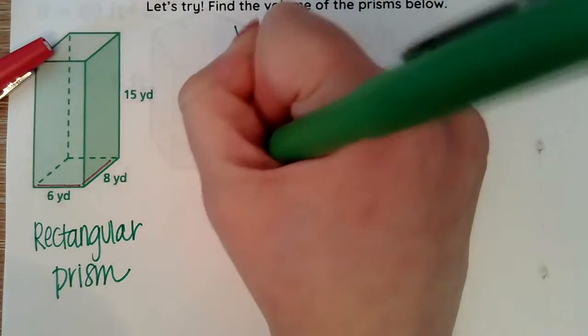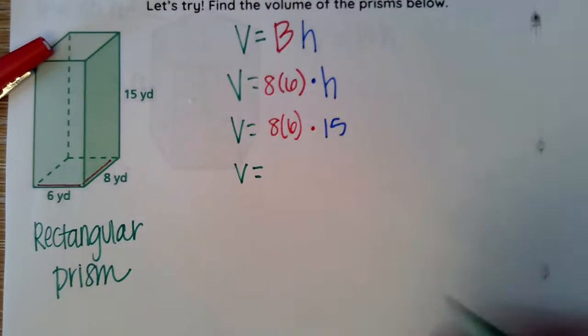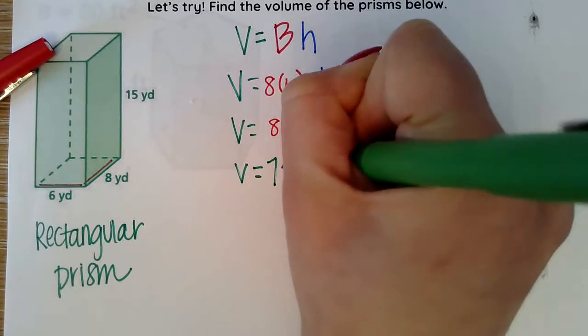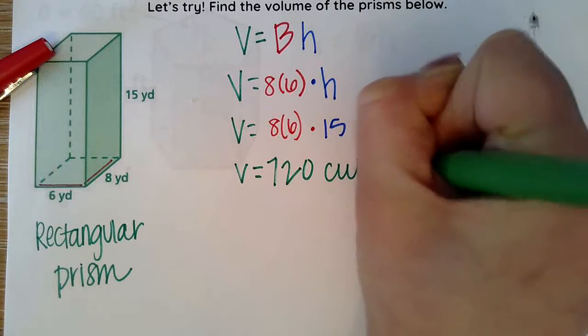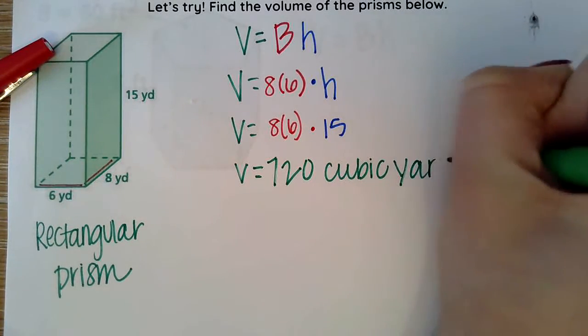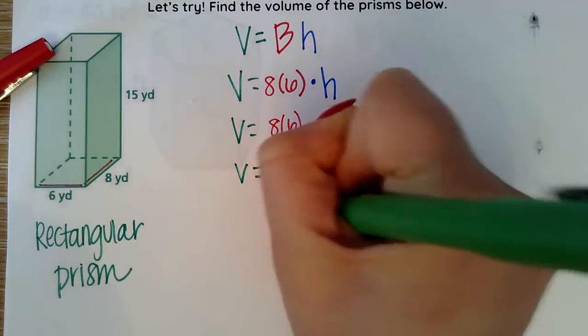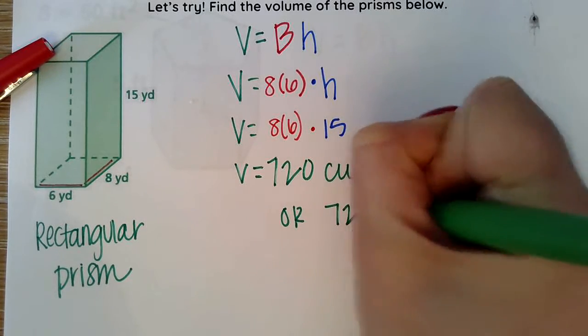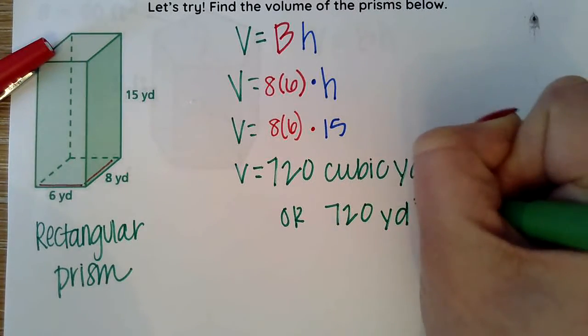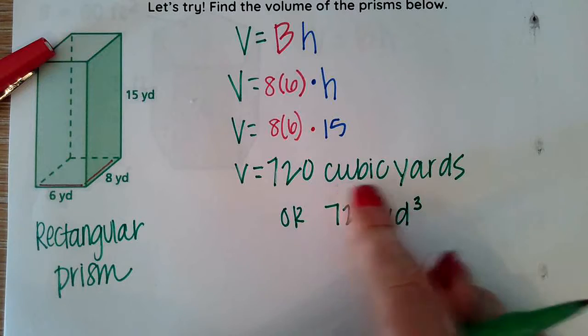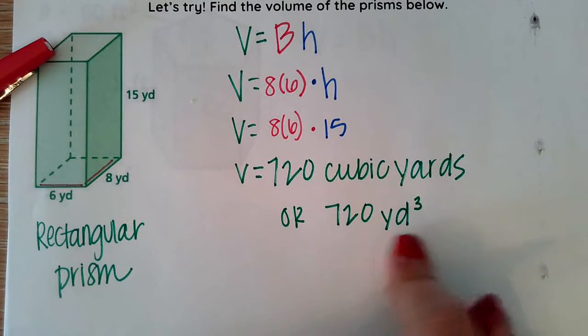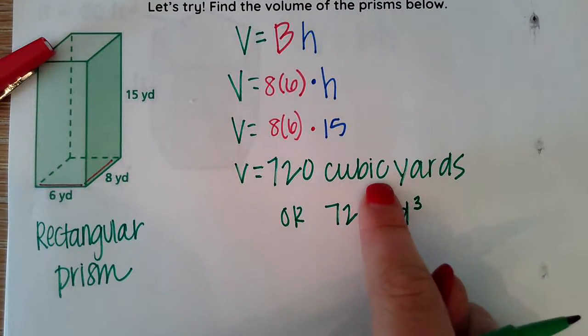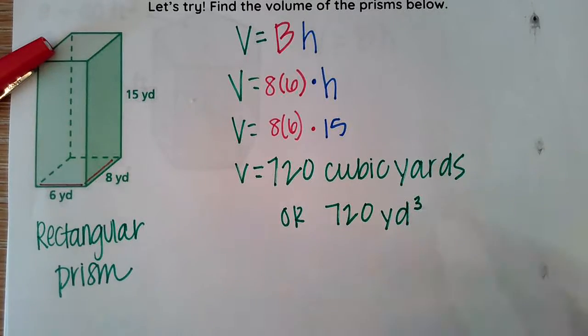And when I multiply that out, I will get 720 cubic yards. The other way that I could write that is 720 yards cubed. So that's written out the full way. This is your abbreviated way, 720 cubic yards, 720 yards cubed.